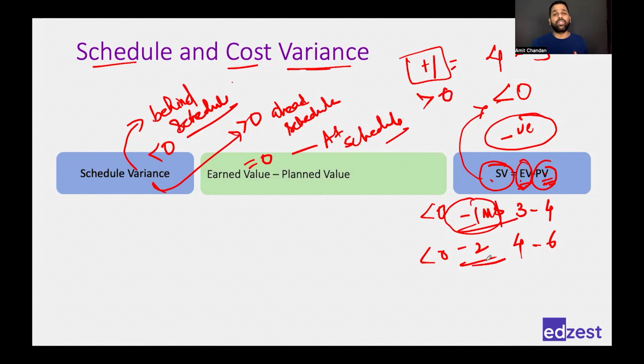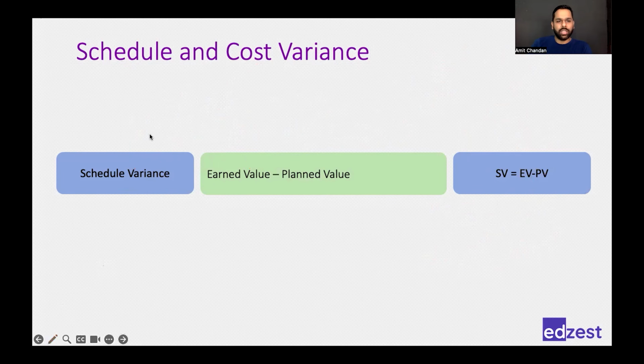So I'm actually losing $2 million in this project. Here, because I am ahead of schedule, I am gaining $1 million in the project. Now, whether it will be an actual gain or not is a different part. But for my calculation, I have come to know about these values. Right? So my schedule variance should be either equal to 0 or greater than 0.